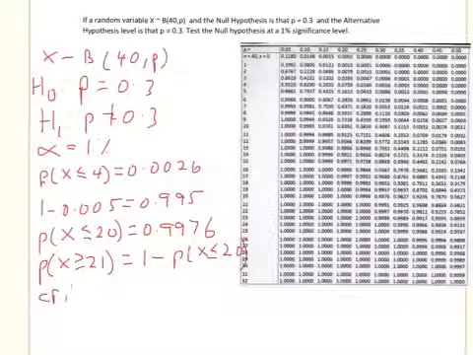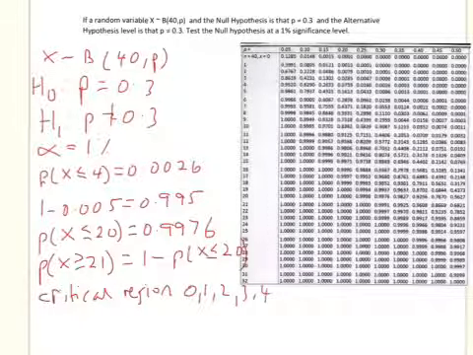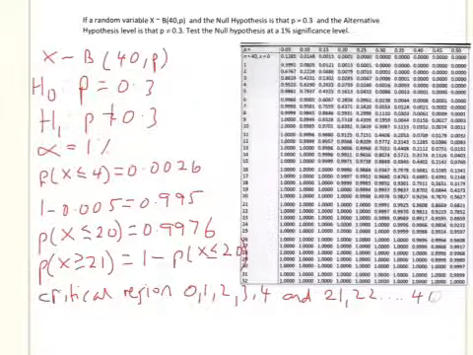So the whole critical region is 0, 1, 2, 3, 4, and 21, 22, and so on up to 40.